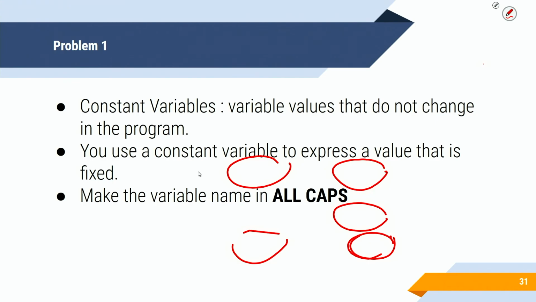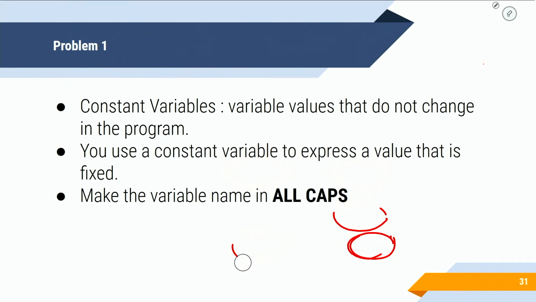All right, so some constant variables. Constant variables are variable values that do not change in your program. These might be helpful for you to express your answer. You use constant variables to express a value that is fixed inside of your program.